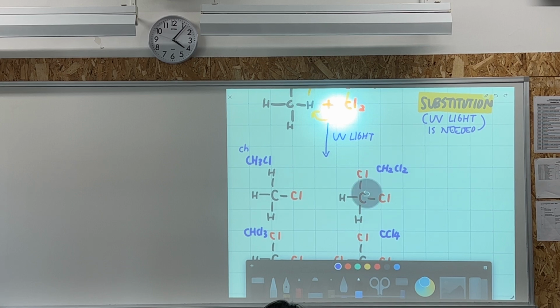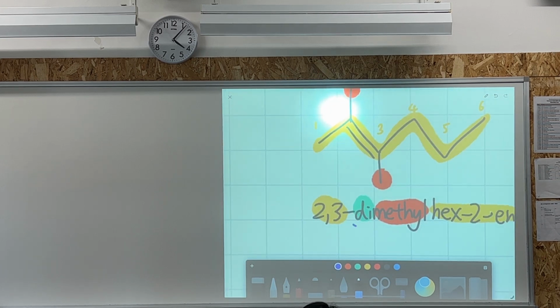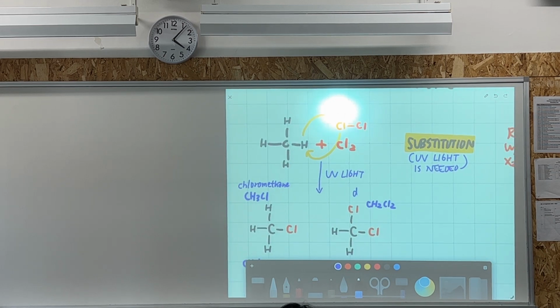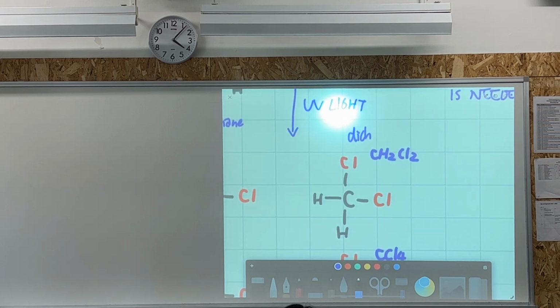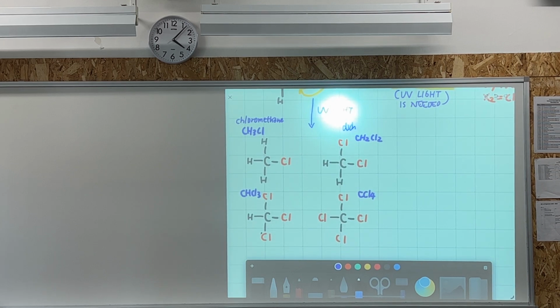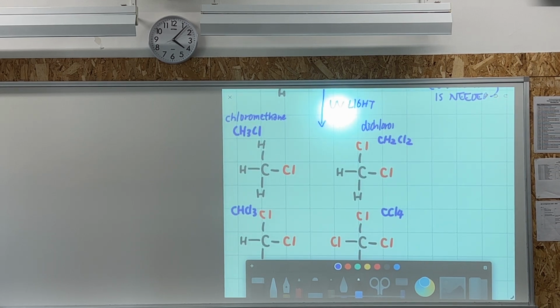So if this one is called chloromethane, do you remember what we said when we see two of the same group? Dichloromethane. How many carbons do you see? It is one carbon throughout, right? So dichloromethane.